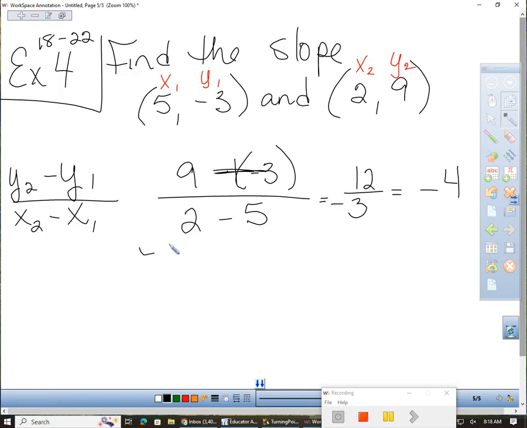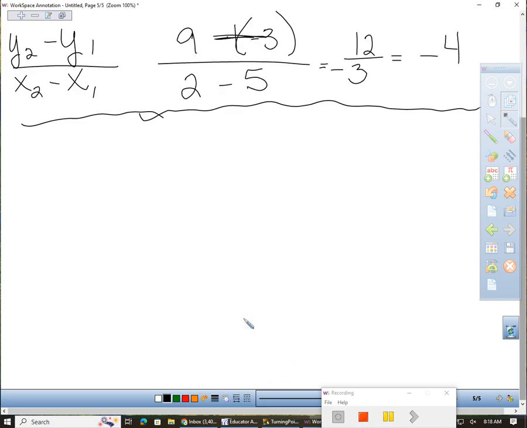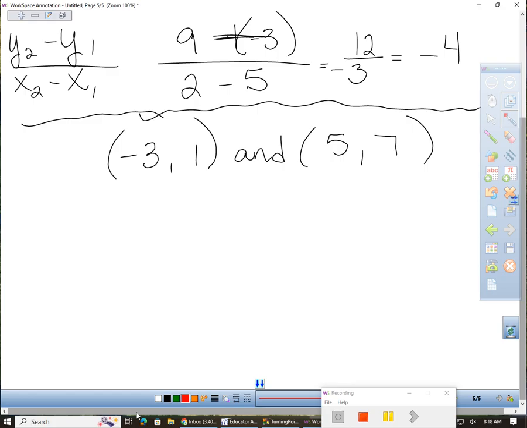Let's try another one. Underneath that same thing. Move it up a little bit. Let's go with the points. How about negative 3, 1, and 5, 7. All right, so again, this is my x1, y1. This is my x2, y2.